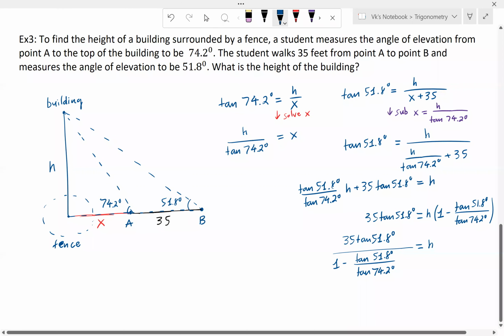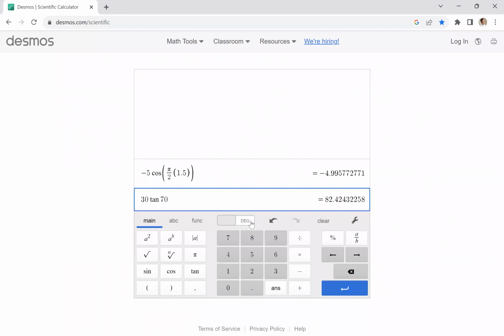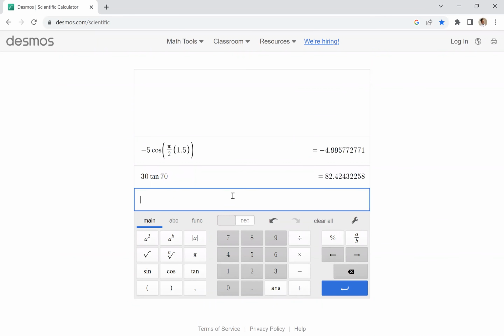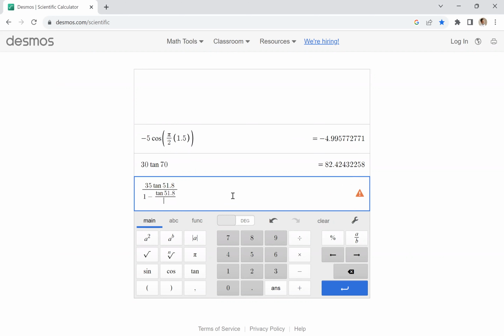I'll show you how to put it in the calculator. Of course, we are using a decimal calculator. Most in degrees, so make sure the degree is selected. And let's punch it in. 35 tangent of 51.8 divided by 1 minus tangent of 51.8 divided by tangent of 74.2.